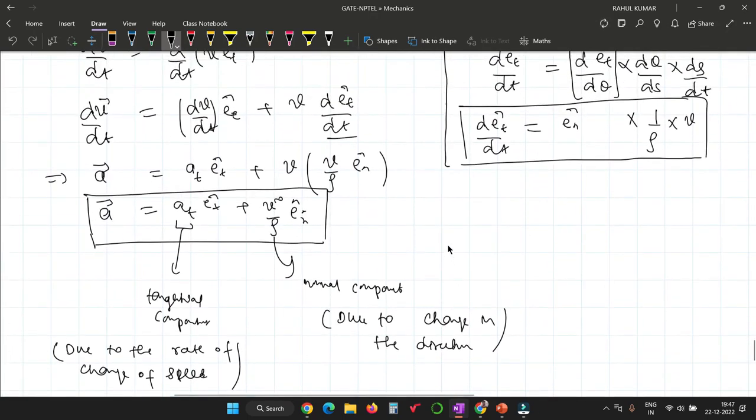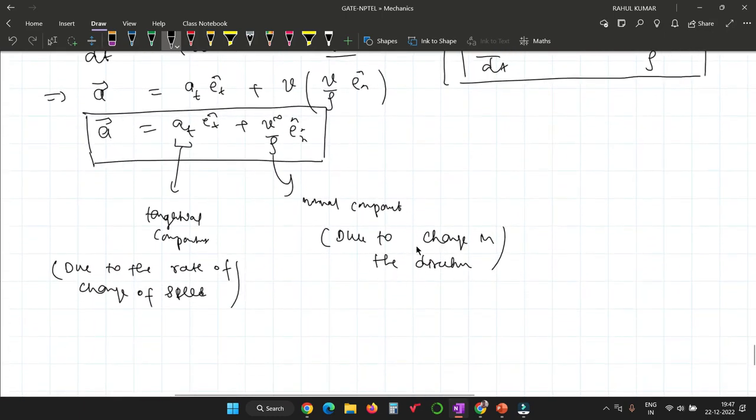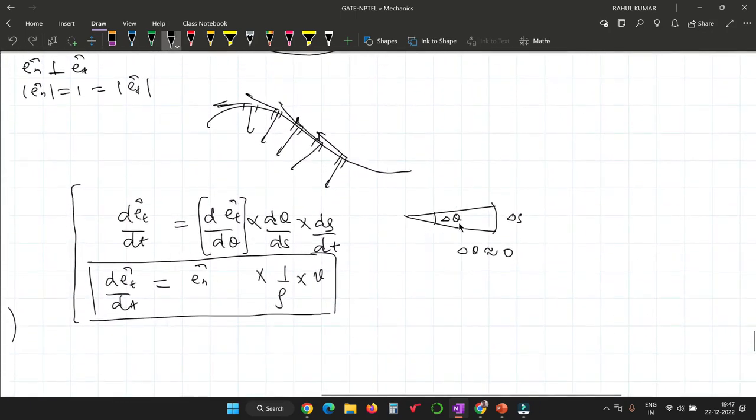Sir, what is written on the right hand side? The small triangle diagram. Actually, suppose this position is R1 and this position is R2, and the path goes from this point to this point by changing the angle by delta theta. You already know that theta equals L by R. So here delta theta is ds divided by rho.